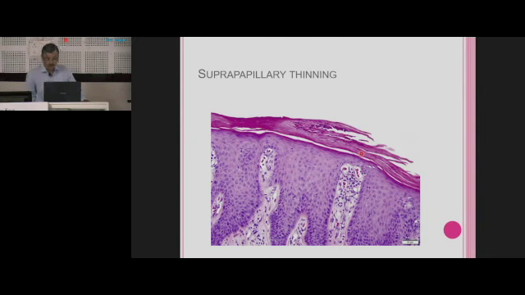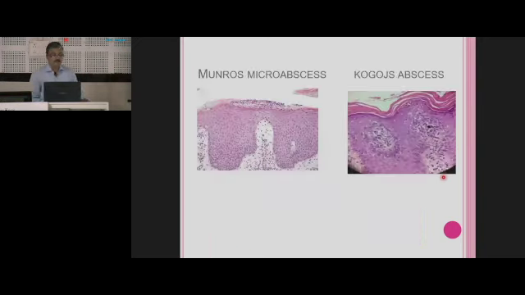And this is one of the theories for the psoriasiform dermatosis or the psoriasis, where you get the immunological cause for the Munro's microabscess and Kogoj's abscess.